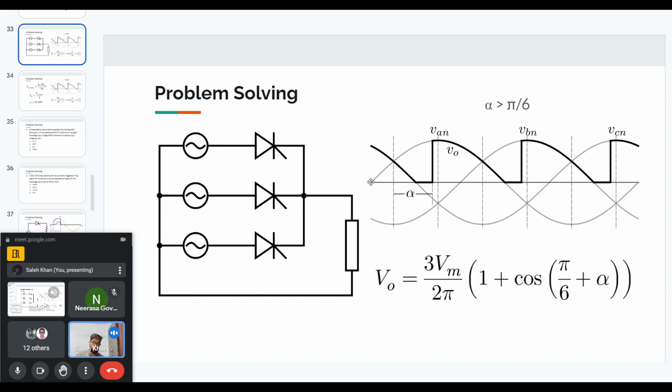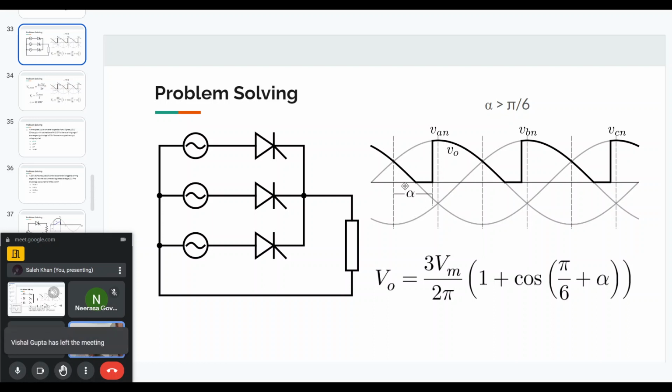In this case, this is basically a 3-pulse converter. The alpha angle, which starts from this line, can go at maximum to this portion, which is omega t equal to pi. So the maximum alpha angle will be pi minus 30 degrees, or 150 degrees. It is because of the resistive load.